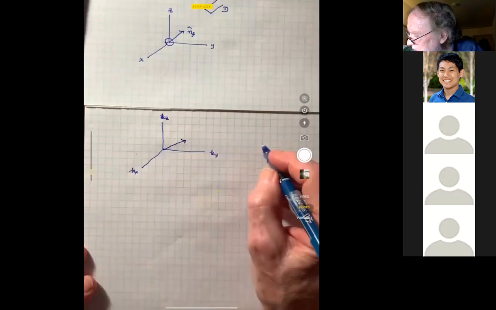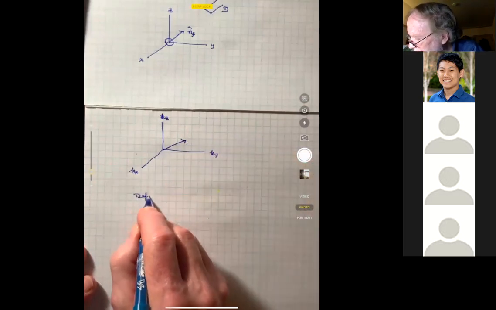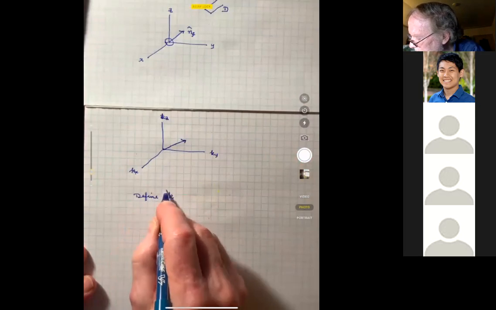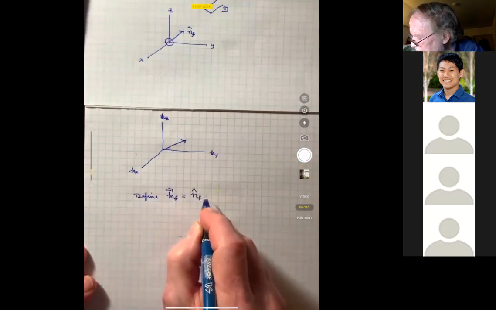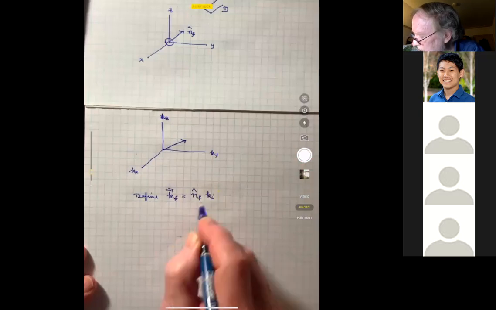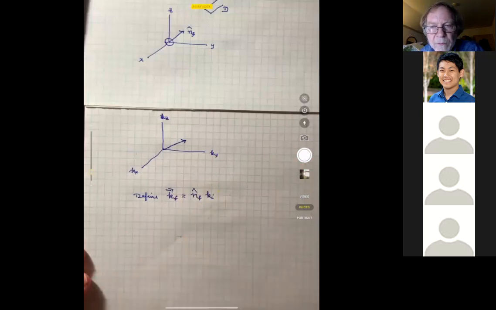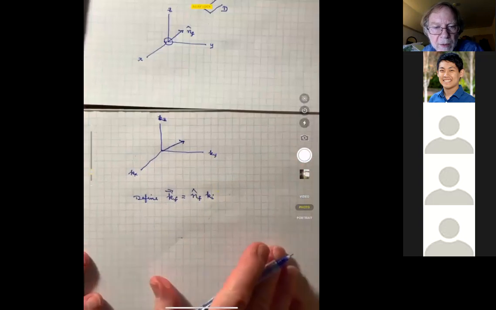Let's make a definition. Let's define a vector I'll call k final, which is equal to n hat final multiplied by the magnitude of the initial k vector. You can define anything you want, and you'll see in a minute why I made this definition.